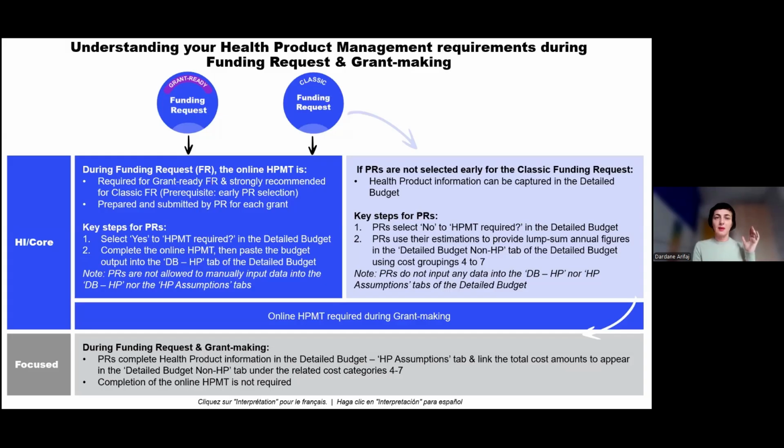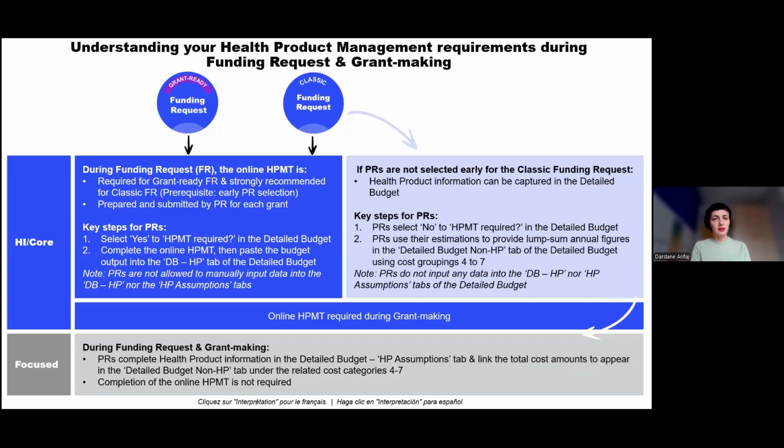So it's up to them how they use the assumptions to come up with a lump sum budget amount for cost groupings 4 to 7. In the interim, they will indicate that in the detailed budget non-HP tab as a temporary budget indication. And as soon as the funding request submission phase is over, they will have to go again into the platform and work on all the details of the HPMT as expected.